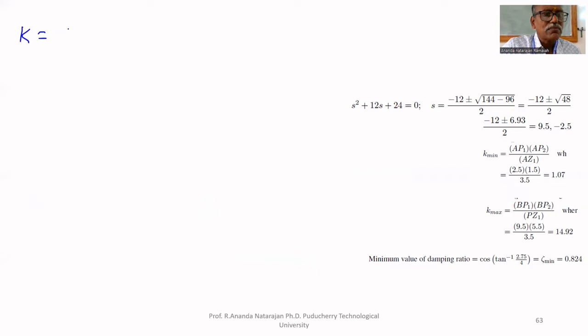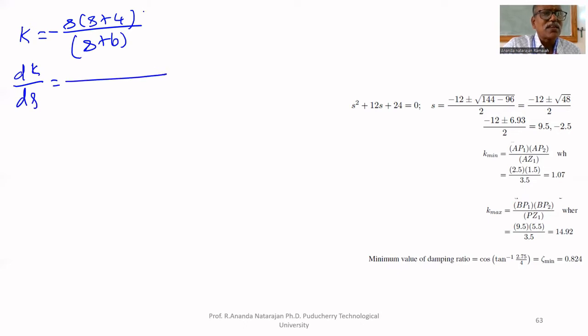K equal to s multiplied by s plus 4 divided by s plus 6, minus dk by ds equal to, we have to invert it, that's all. You have to write the inverse. K equal to 1 by g of s, minus 1 by g of s.